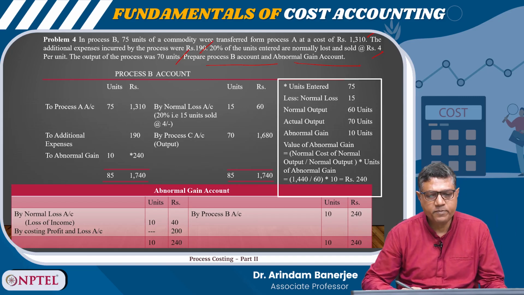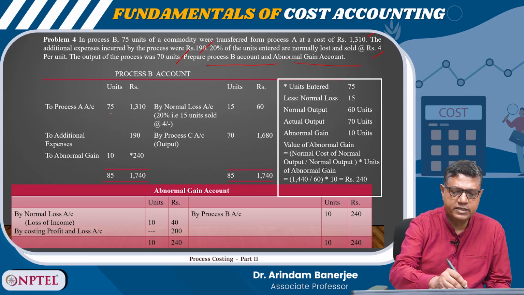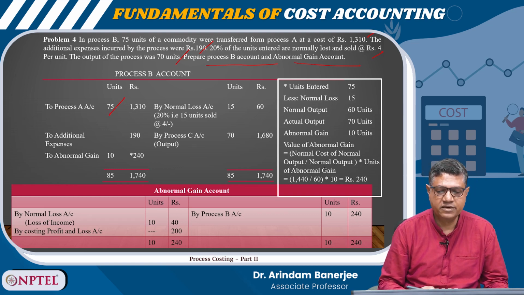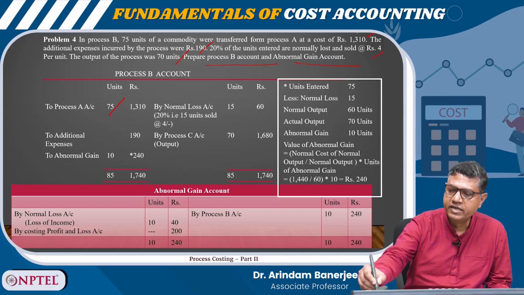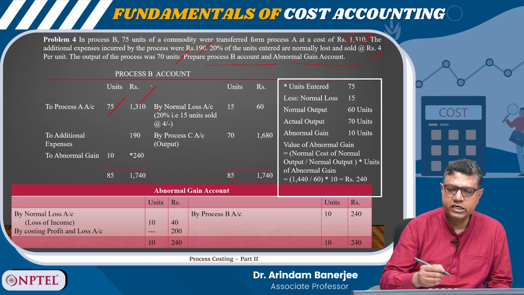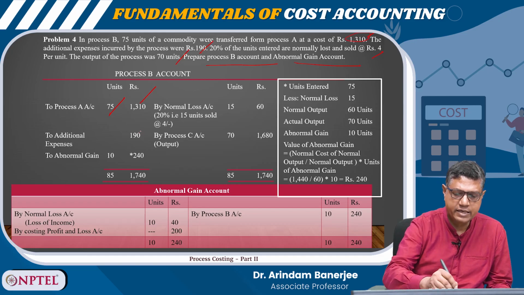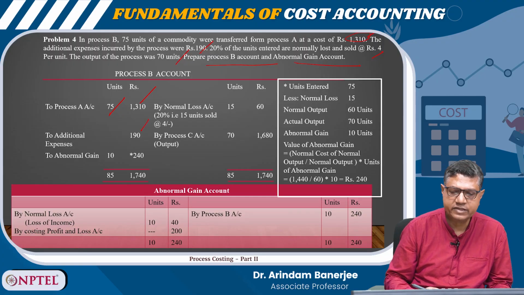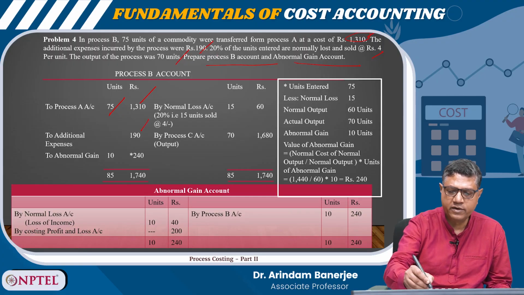So, from process A, how much is it coming? It is coming 75 units, right, and its value is given here, 1310. So, I am putting 1310 here. Additional expenses, it is given 190. So, 190 I have put. Normal loss, they have said that it is 20% of the units entered.